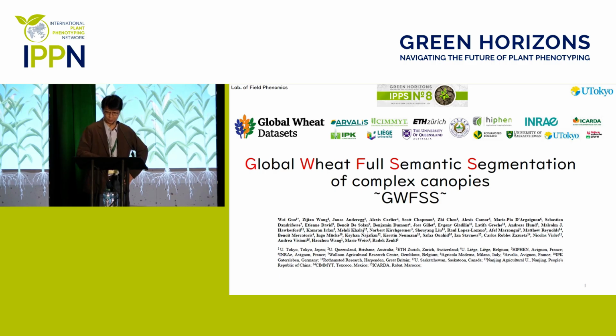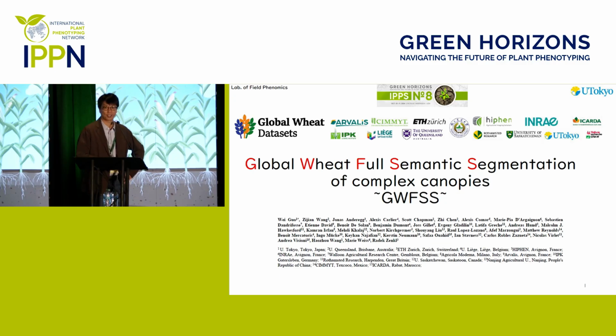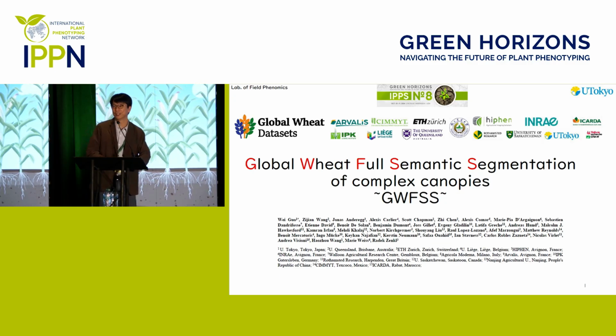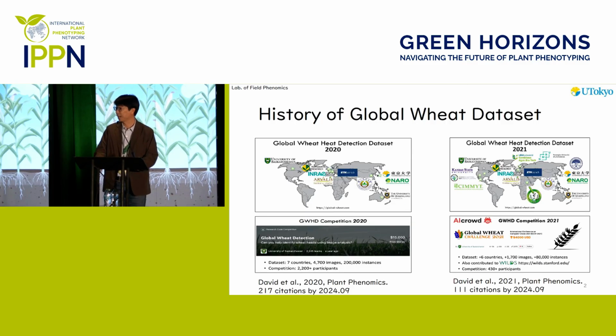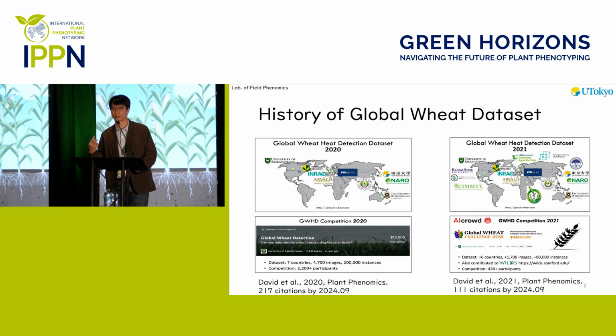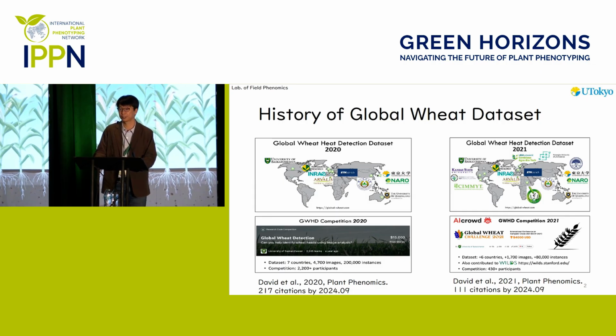The biggest feature of this work is probably the author list. You see a huge author list, and more than 15 institutes joined this international initiative, and that's good. I don't know how many of you have used the Global Wheat dataset before, but we have already run 2 different versions of it until now.